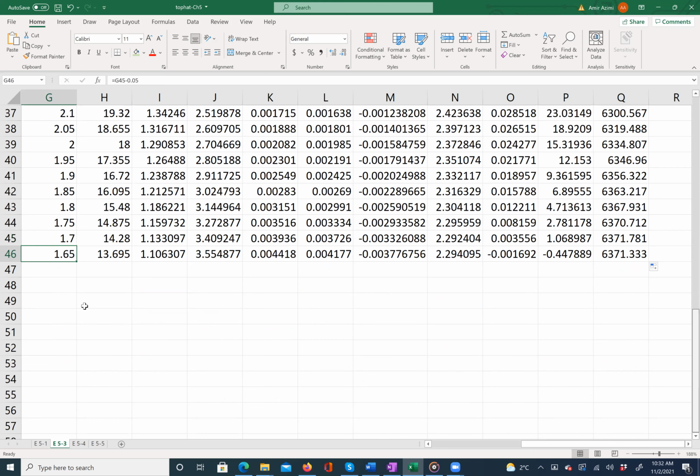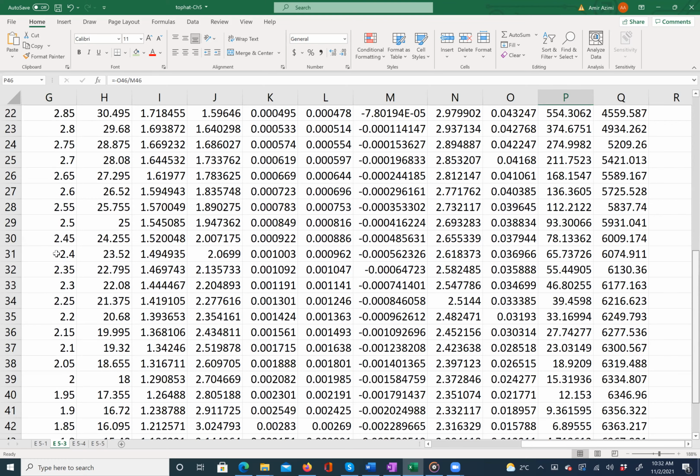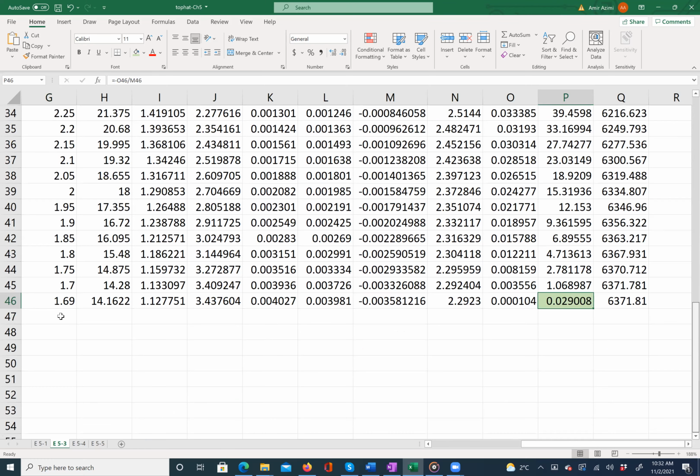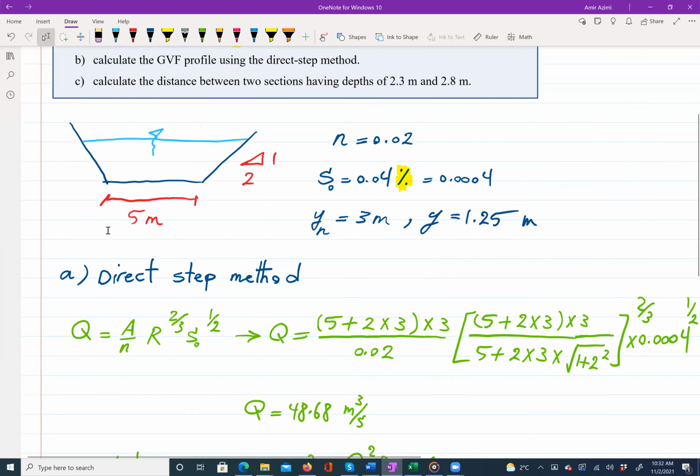And if I change this one to 1.69, you will get a distance close to 0. So this means that the direct step method can also be used to double check the critical depth. So now you have all the increments and distances, and you can answer the questions for part 3.